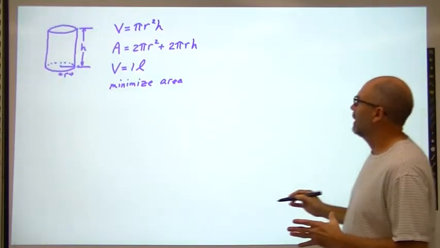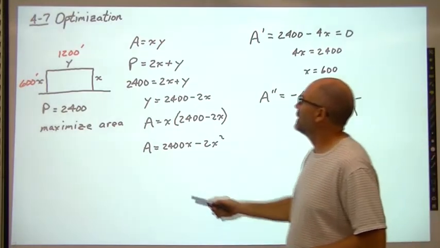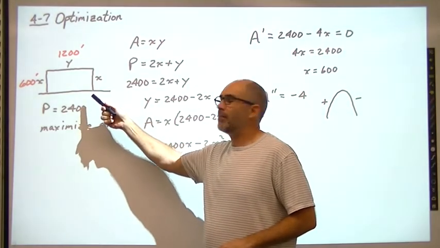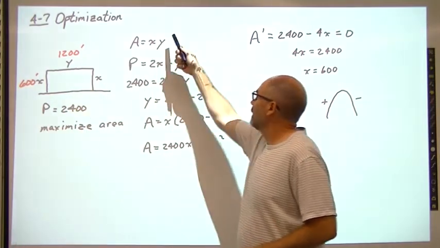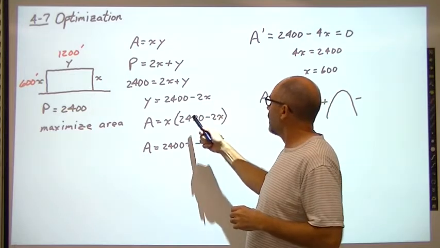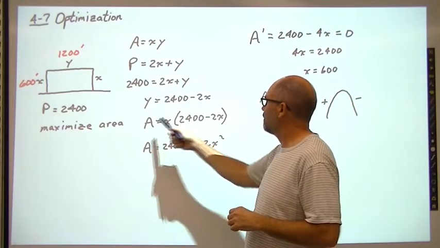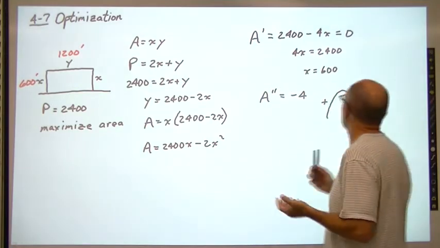Now notice, I'm doing the exact same thing. What did I do first with this fence problem? Drew the picture, labeled the parameters, identified my equations, then made an equation with a function of one variable. That's it. Okay, we're going to do the same thing.